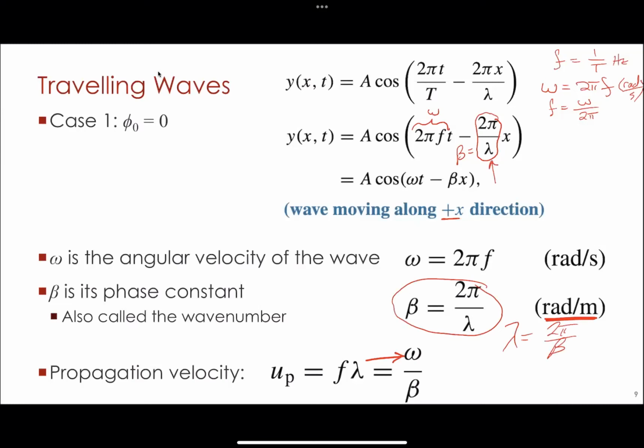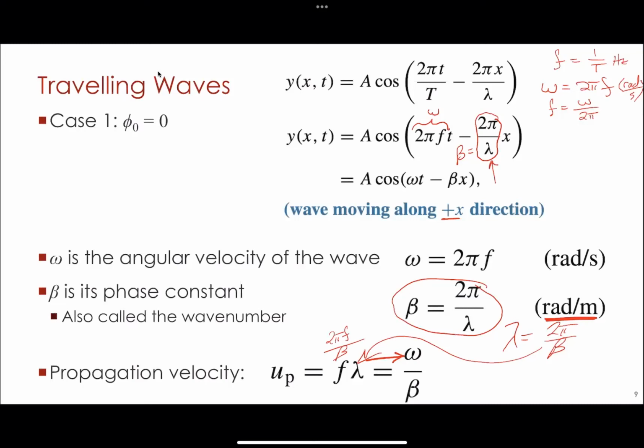So we could plug that into there. What would we get? Well, upstairs, we would get 2 pi f, and then we'd still have our beta downstairs. 2 pi f, that's omega. And we still have our beta.